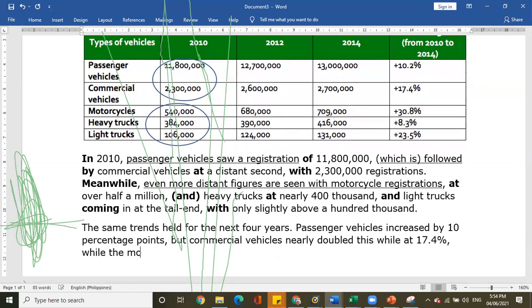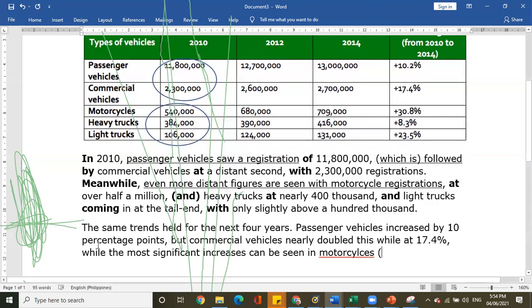And then let's have the discourse marker: while the most significant, are you following, people? Increases can be seen in motorcycles. They're 30.8%.